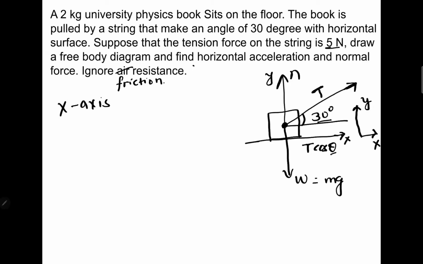So for the x-axis, the sum of the forces along the x-axis is equal to tension T cos theta, and this is the only force that causes acceleration, called the x acceleration, right? So this is one equation.